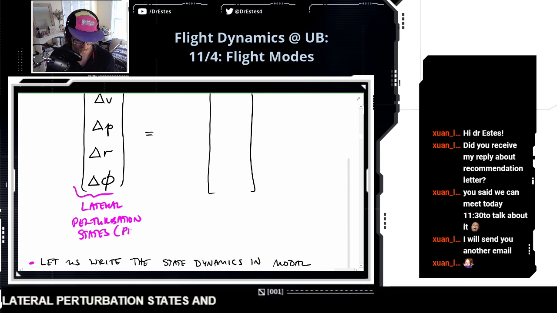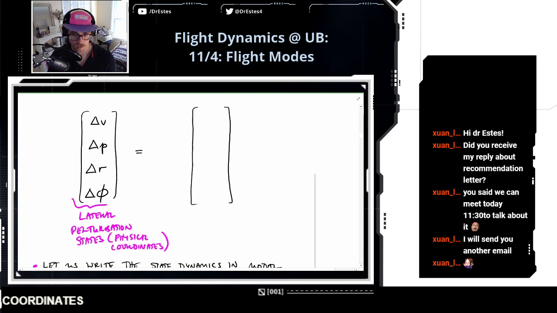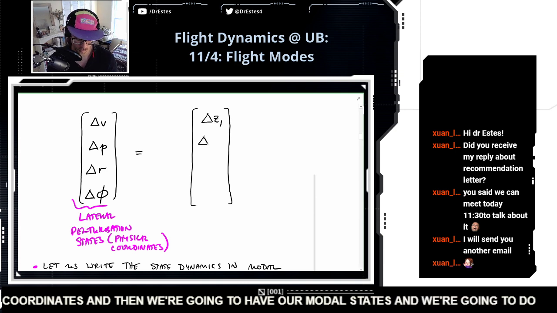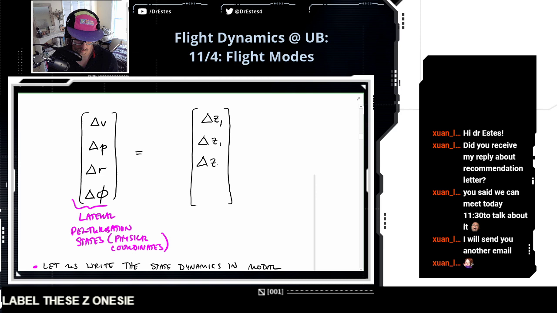And let's just say, once again, this is physical coordinates. And then we're going to have our modal states, and we're going to label these Z1, Z2, Z3, Z4.